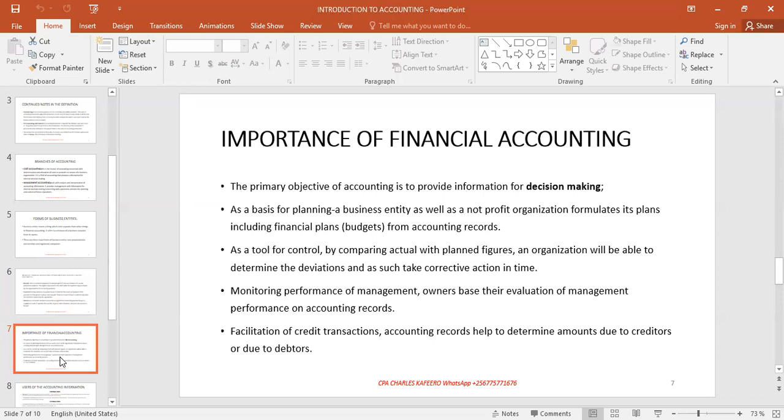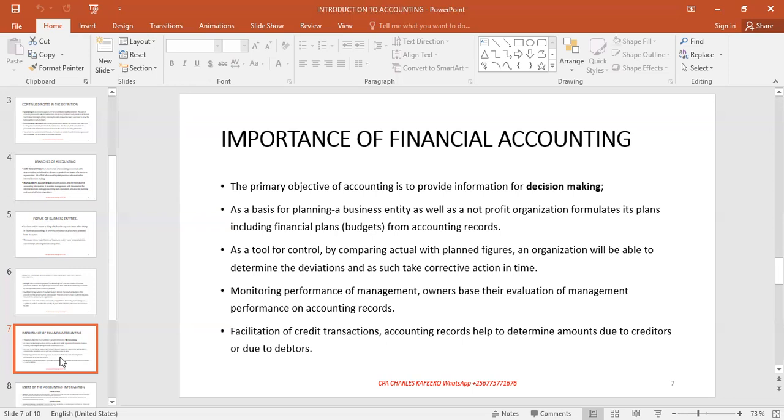So it depends. By that, you compare the information that you forecasted with the actual, and you see, if let's say you had planned to incur less costs and you find out that you've incurred more costs, then you find out how to control those costs and how they came about.